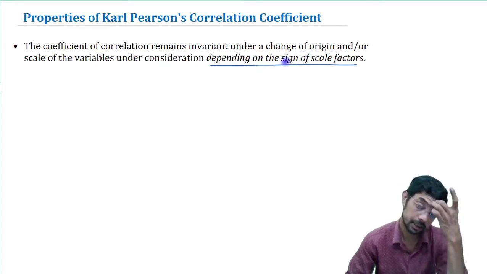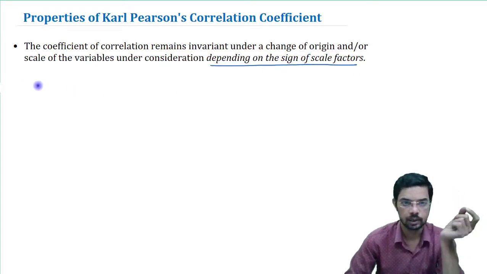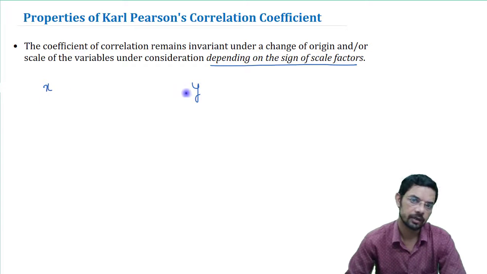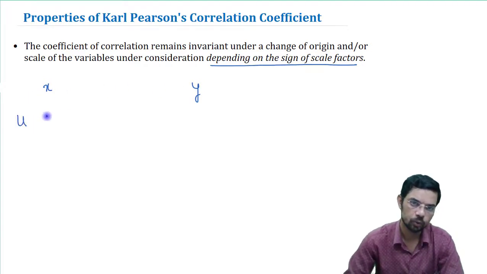Let us consider that x and y are the two original variables. Now they are being converted to u and v. x is converted to u and y is converted to v, by affecting a change in scale and change in origin.